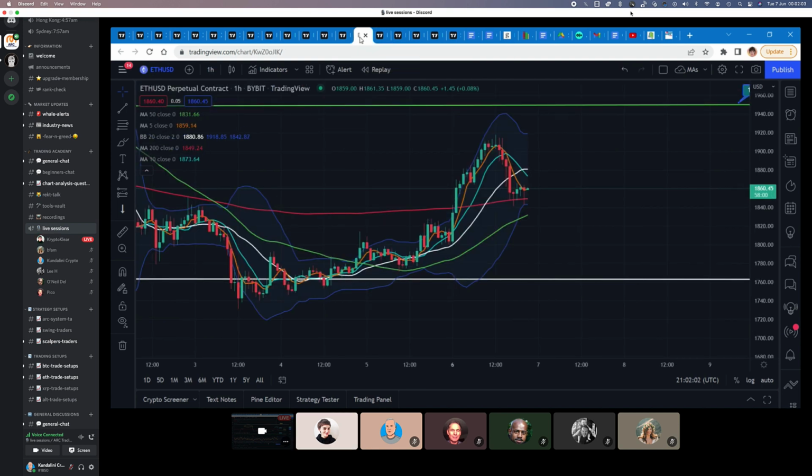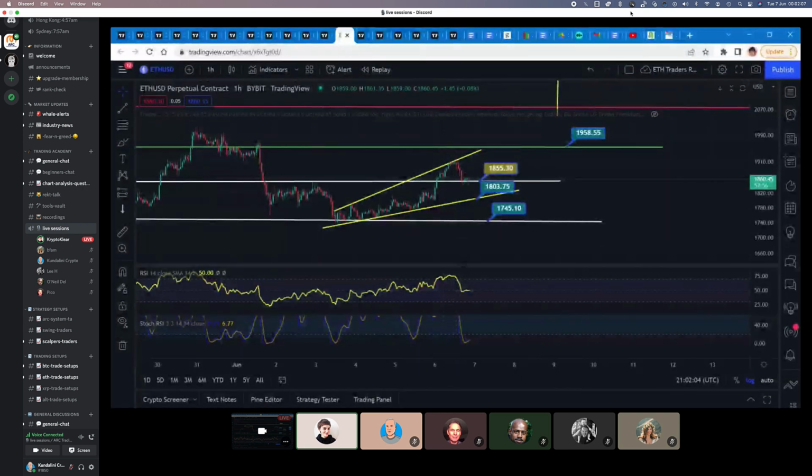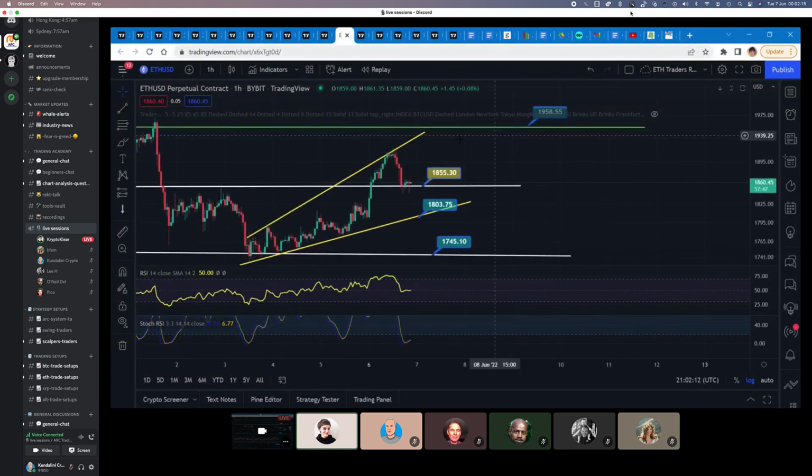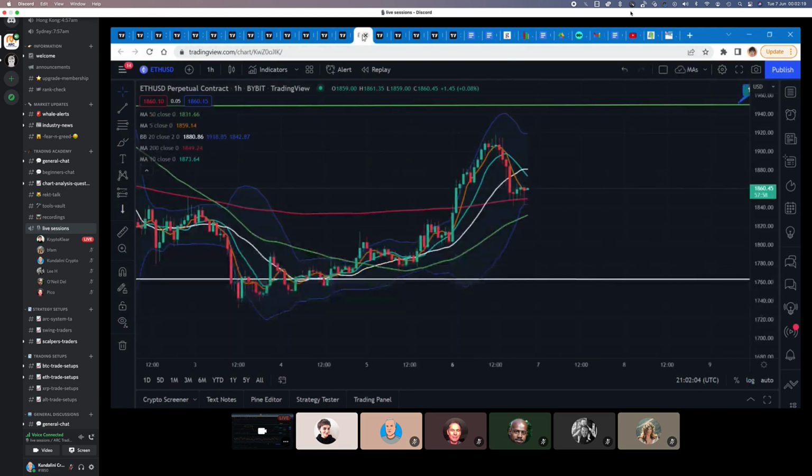Now for ETH, I'm going to start with the 1 hour structure. We are in this rising wedge, and this rising wedge is supported by the 1850 support and resistance, which not accidentally is the 200 on the 1 hour.